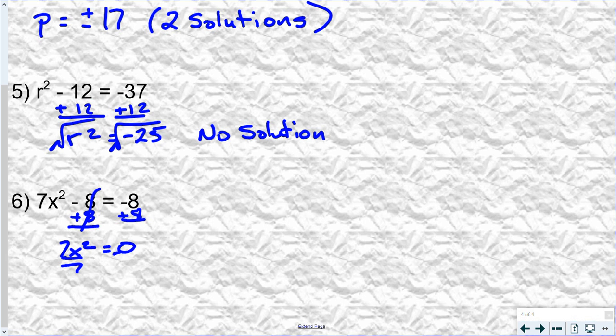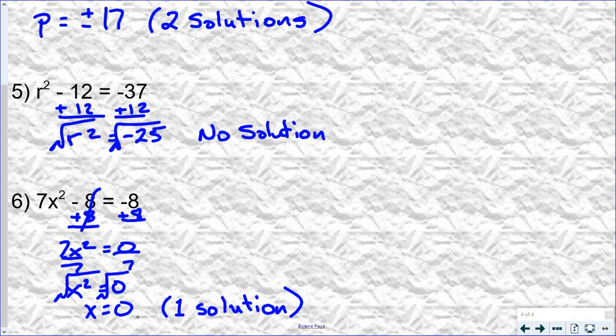Divide by 7, and you can see this is going to come out to 0. So x squared equals 0, take the square root, x equals 0. And so there's one solution. Again, that means that the vertex is at the origin. So it crosses the x-axis at one place, and that's at 0.